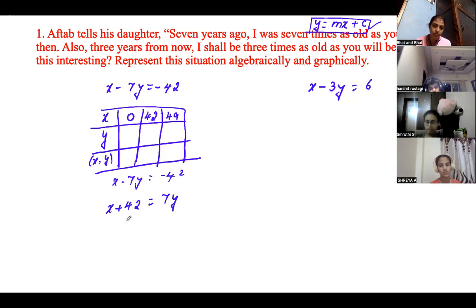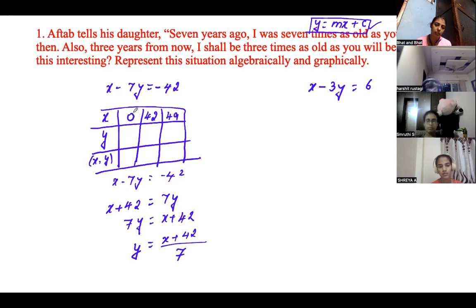I just rearranged it. So I will write it as 7y is equal to x plus 42. I only want y, I don't want 7y. So I will make it as y is equal to x plus 42 divided by 7. Got it?